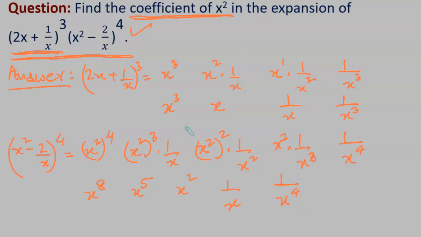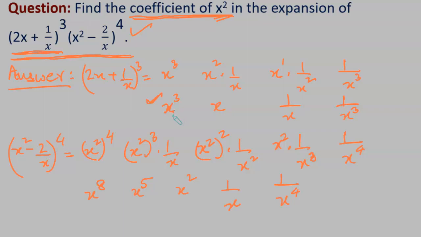So, now let us try to pair the terms. We first of all take the first term of this expansion. It is x to the power of 3. In order to get x to the power of 2, we have to get this term divided by x.